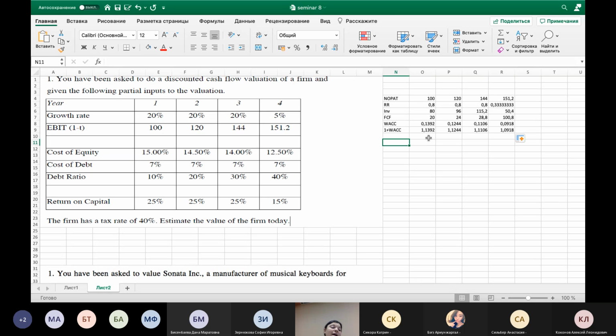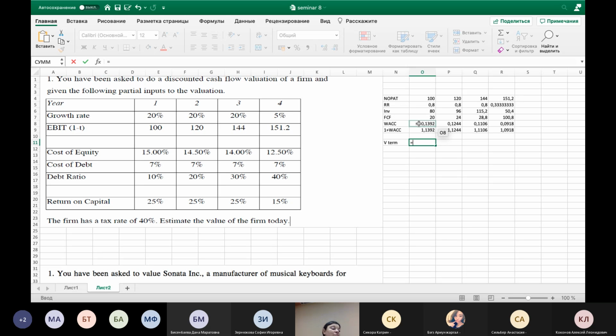Now, for proposing our discounted cash flow model in practice, we have to calculate our terminal value. How could we calculate our terminal value?